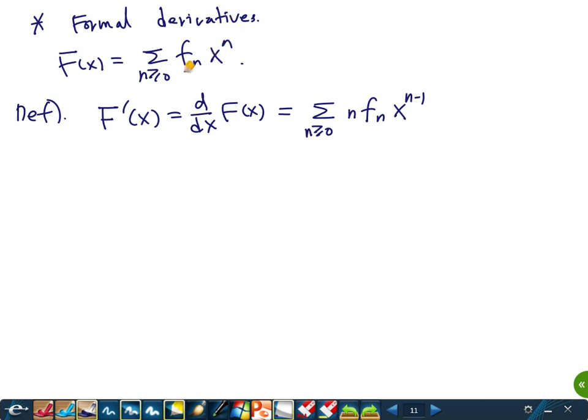And the derivative of a monomial, the derivative of x to the n is n times x to the n minus 1. That's the same. But this is just a definition. This is not a corollary of something. It's a formal definition. If you shift the index by 1, you can also write this as this.